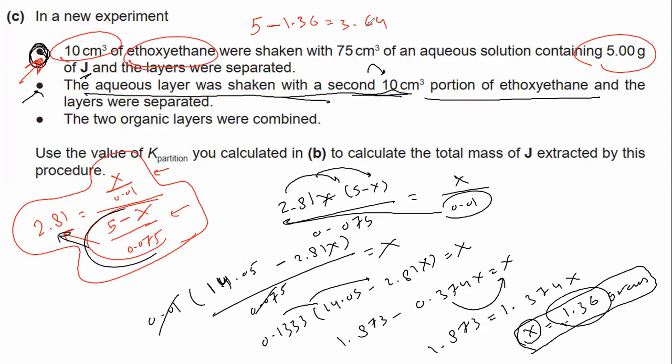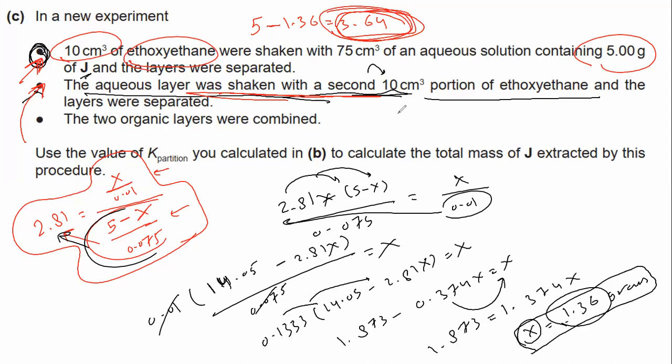It is 3.64. This is the remaining of G in water. And we repeated the same thing here. But here we will use the remaining of G in water, because in a second experiment, we did a second experiment, and this is the trick. This is, guys, to be honest, one of the hardest, not hard, guys, but takes a very long time and is quite confusing.